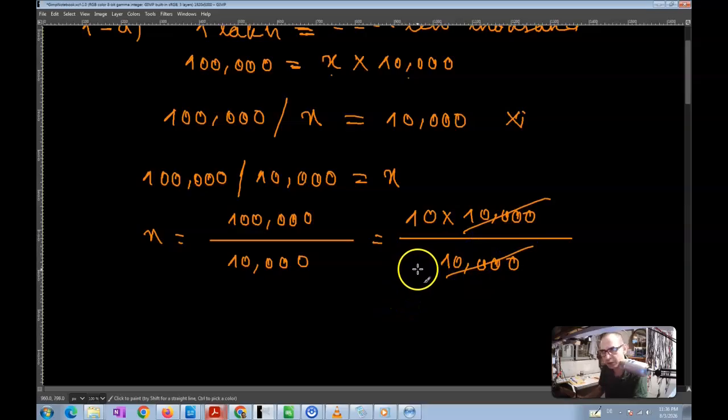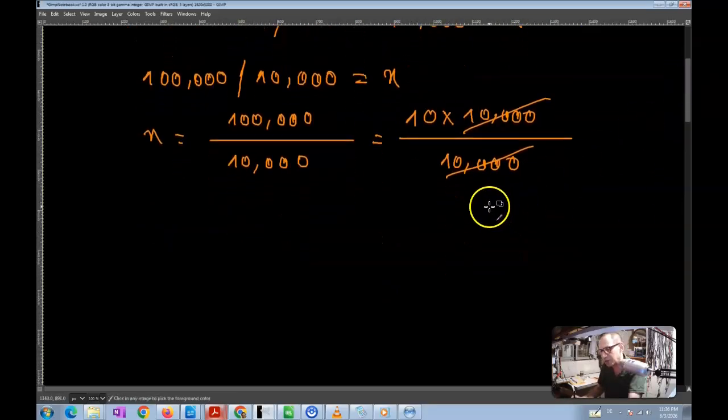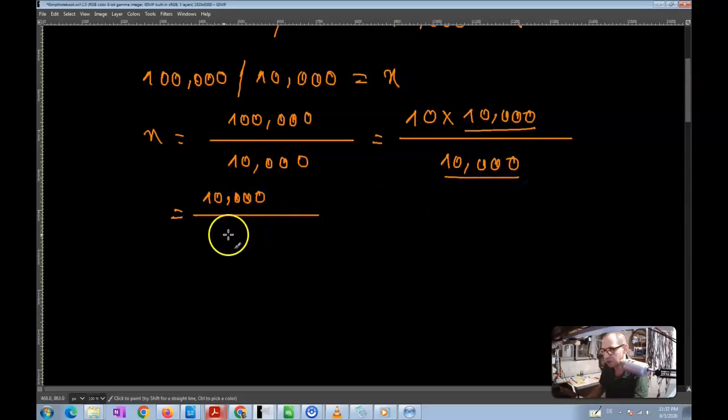The reason why I'm allowed to cancel them out is because the same fraction, I can write it as this 10,000 divided by 10,000, and then times the 10 that I have over here, right?